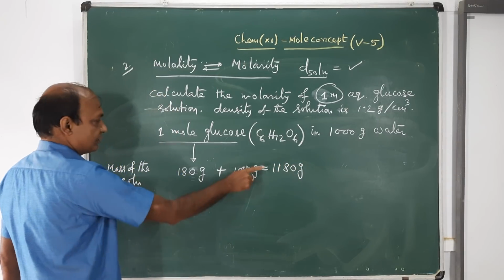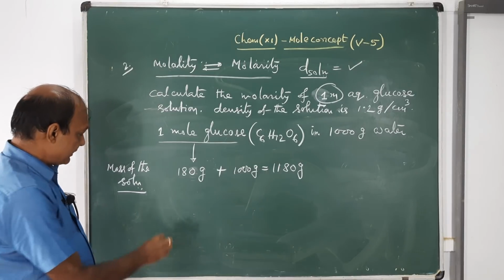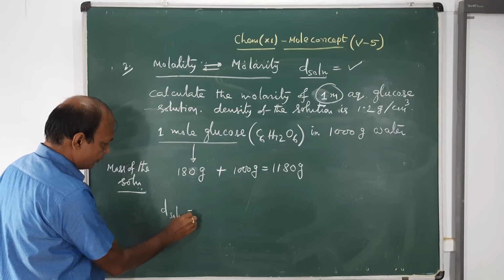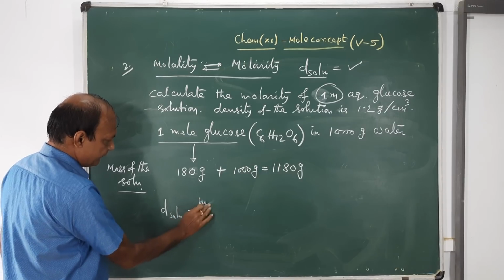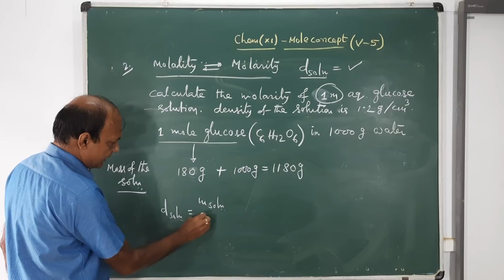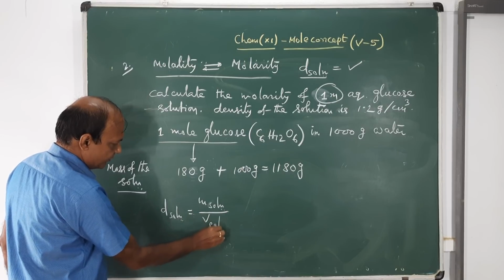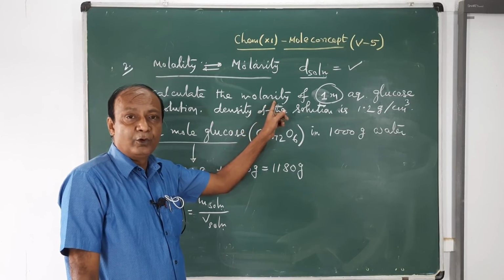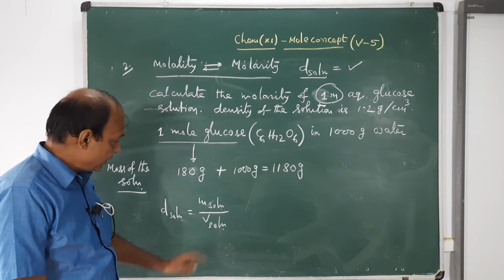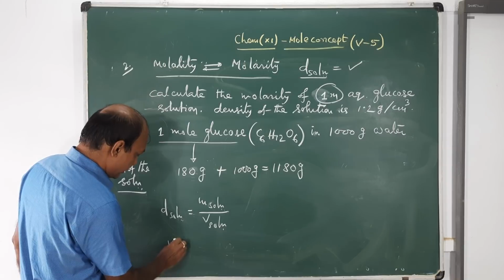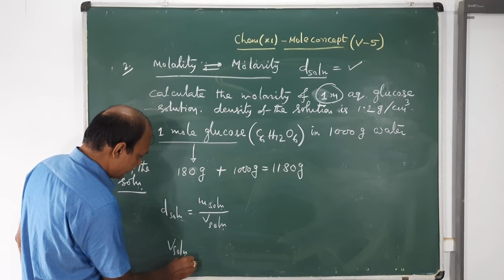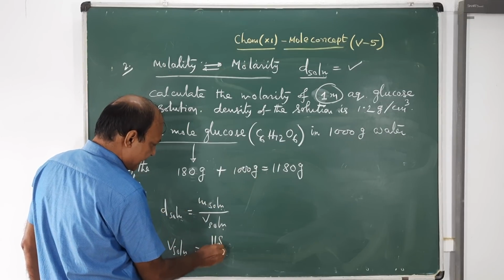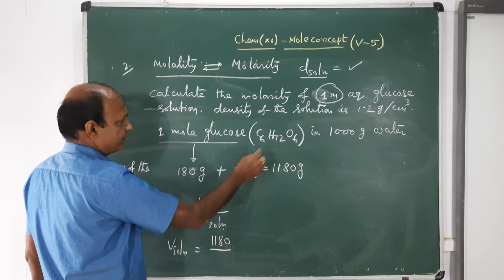This is the mass of the solution. You know that density of the solution equals mass of the solution by volume of the solution. You have to find the volume of the solution because you are finding molarity. Therefore, volume of the solution equals mass of the solution, 1180, by density of the solution.